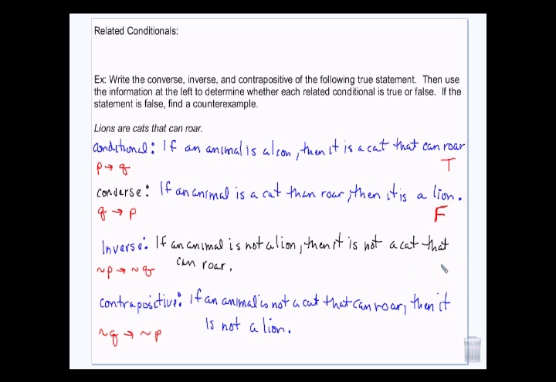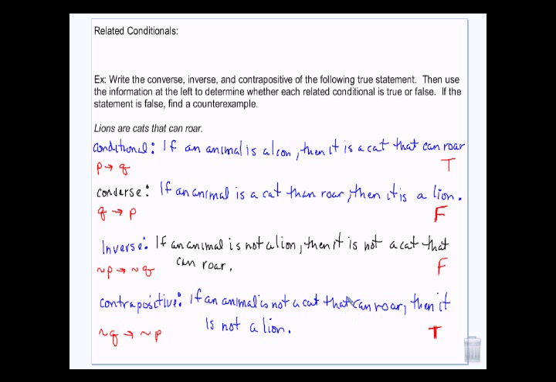Yeah, a tiger. So this one is also false. And then if it's not a cat that can roar, then it's not a lion. Think about that. If you're not a cat that can roar, can you be a lion? No, so this is true. Because if you're not a roaring cat, then you're not a lion. You're something else.